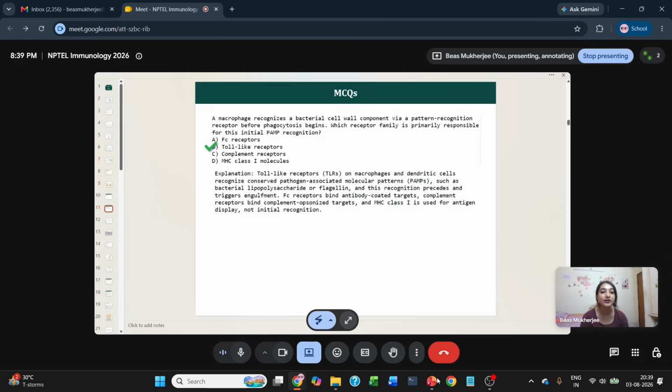And this recognition precedes and triggers engulfment. So it makes it engulf this, right? FC receptors bind antibody coated targets. Complement receptors bind complement opsonized targets. MHC class 1 is used for antigen display, not initial recognition.